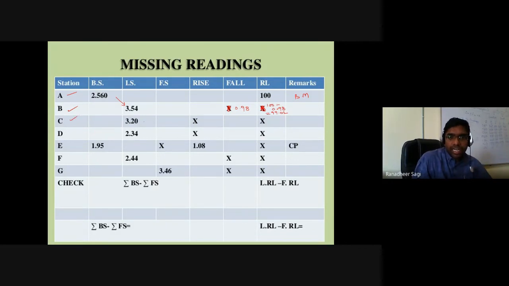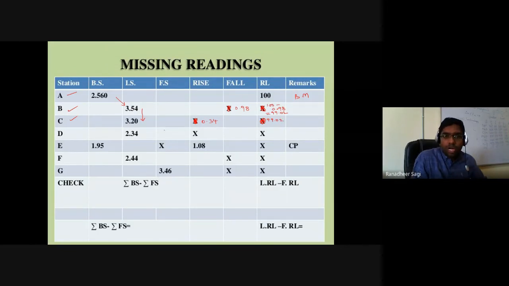To understand, is any data against this point C missing? Yeah, the rise value corresponding to point C is missing. Let me calculate: 3.54 minus 3.2, 0.34. It's a positive quantity, so obviously it comes under rise. Next, the RL value of point C. RL value of point C is the RL value of point B, which is 99.02.